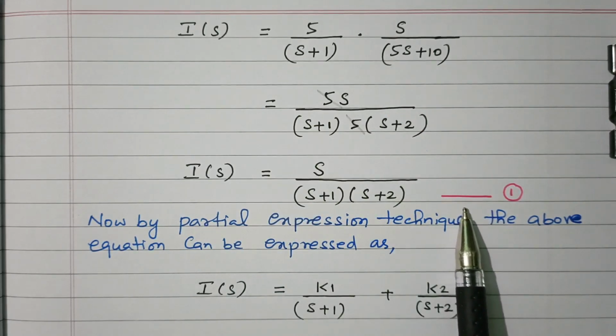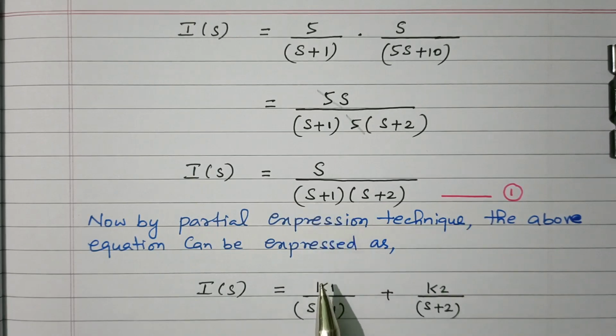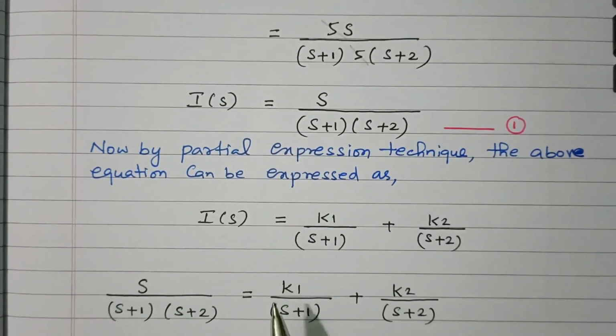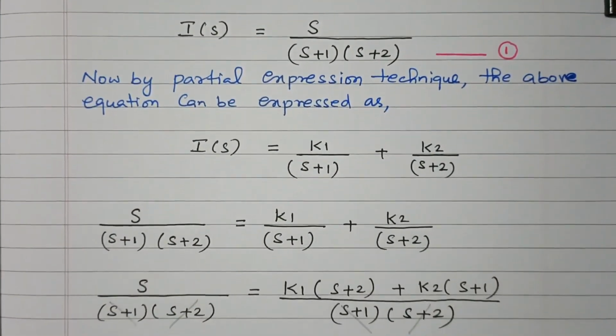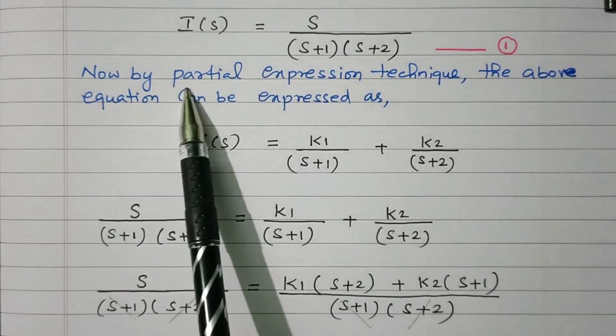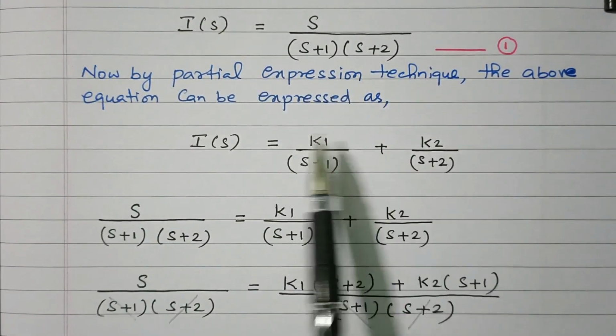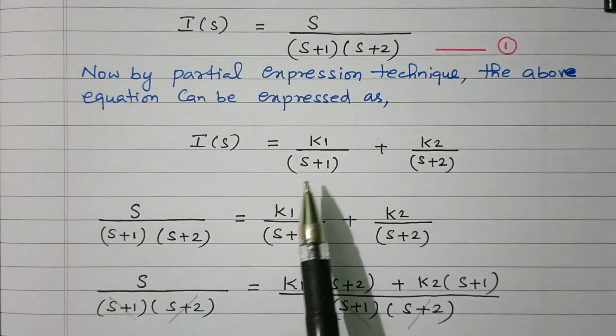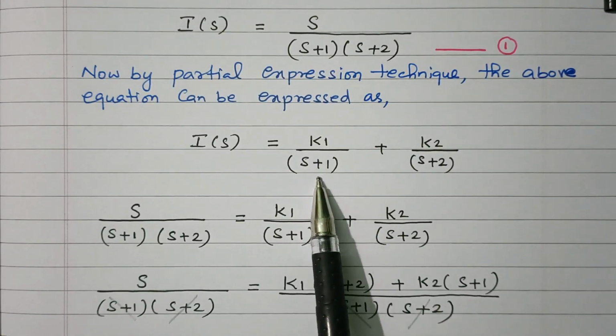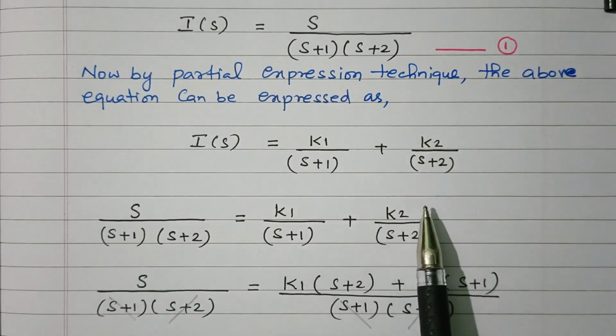In order to take the inverse Laplace, this would be converted using the partial fraction technique. We have to split the terms so that we can take the inverse Laplace transform. So by the partial fraction technique, the above equation can be written as k1 divided by s plus 1 plus k2 divided by s plus 2.